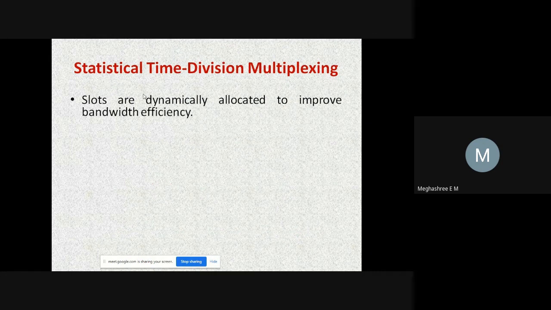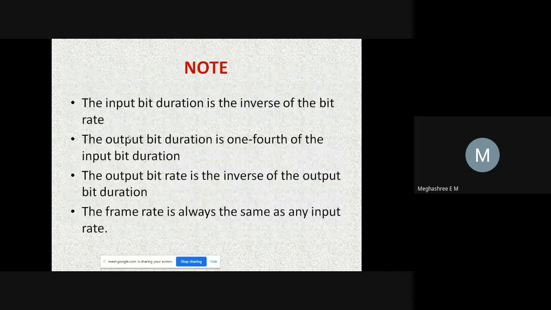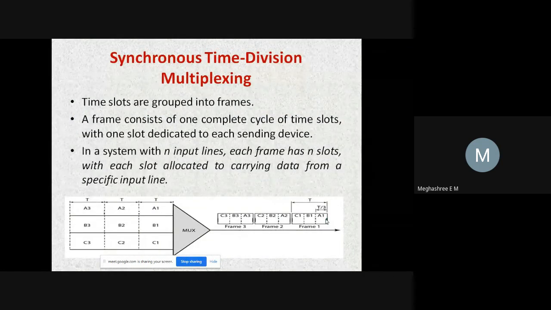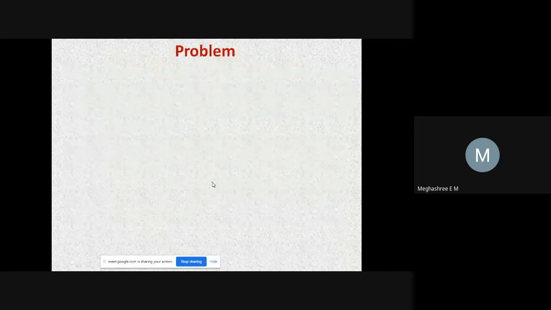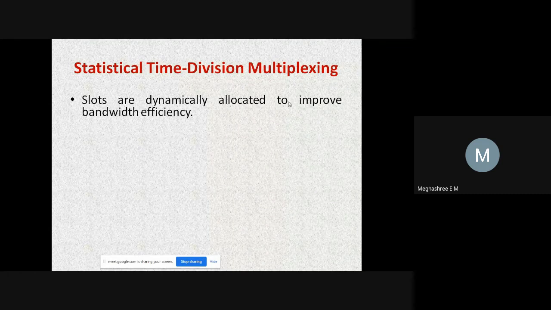The second type of time division multiplexing is statistical. In statistical, the slots, these slots here, are the slots given for the input units. Here the slots are dynamically allocated to improve bandwidth efficiency.